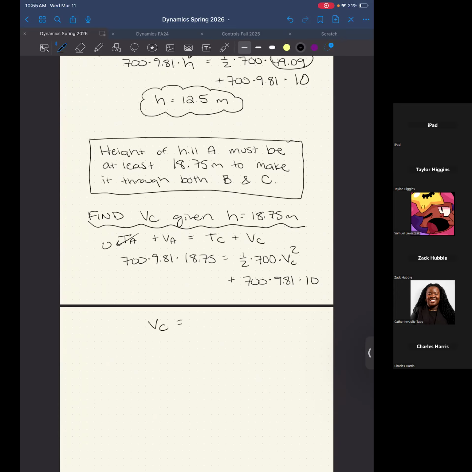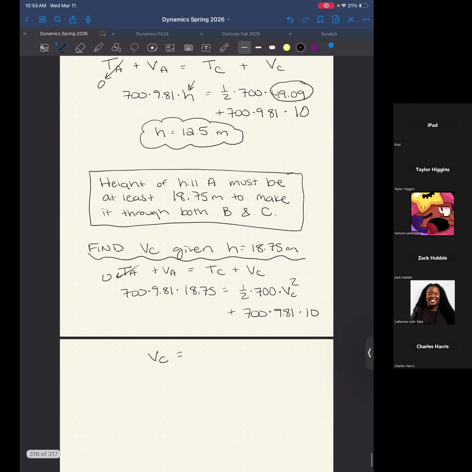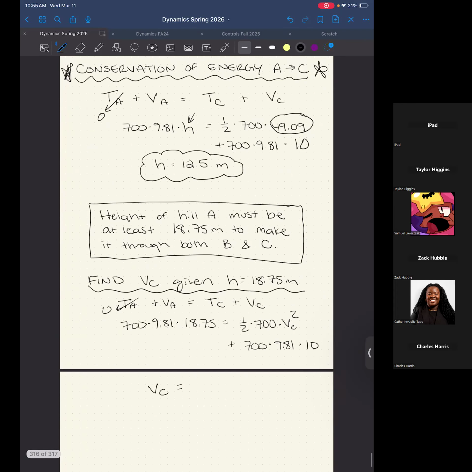I don't have it written down, and I'd rather tell you the logic of how to go from here than take the time to calculate it. But we could solve this for the actual velocity happening at VC.